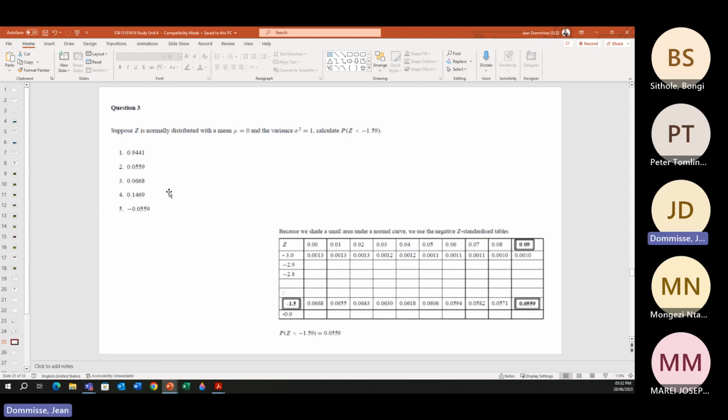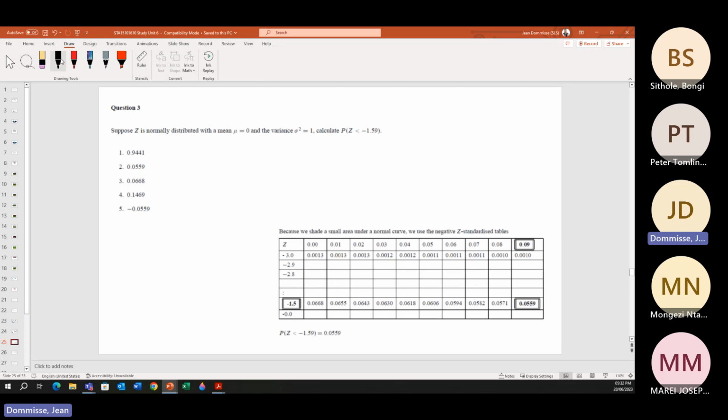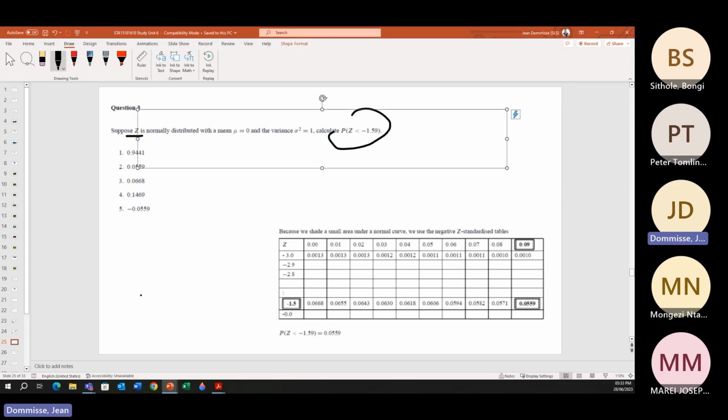the next question that we are looking at is another one where, like last week when we looked at it, they actually give you a Z, and here they tell us what that Z is, and we need to find what the probability is.